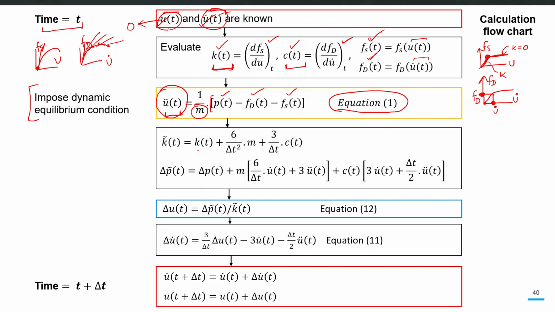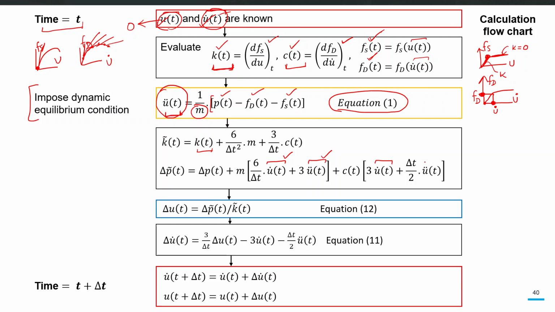So k prime is equal to k of t plus 6 over delta t into m plus 3 over delta t into c of t. Similarly, for delta p prime we have this expression, but all things are now known. So u dot of t and u double dot of t are also now known.